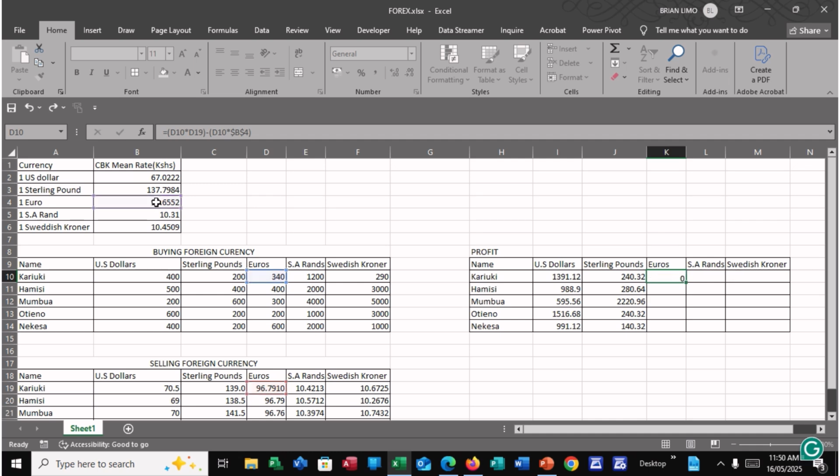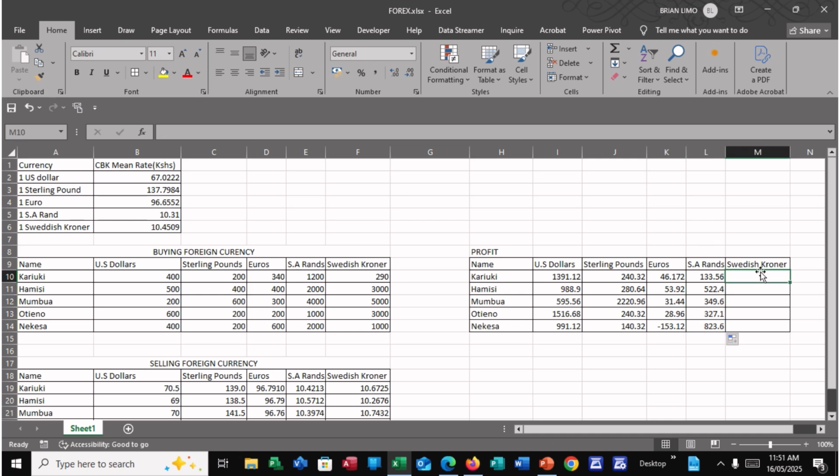Close your bracket, and then I drag downwards. And then for the South African rand, it is equal to selling price minus buying price, that is equals to bracket. The rate for South African rand is 10.81 multiplied by 1200 South African rands bought, minus buying price, 1200 South African rands. Select this cell using my mouse, multiplied by dollar sign B dollar sign 5. As you can see, enter, drag downwards.